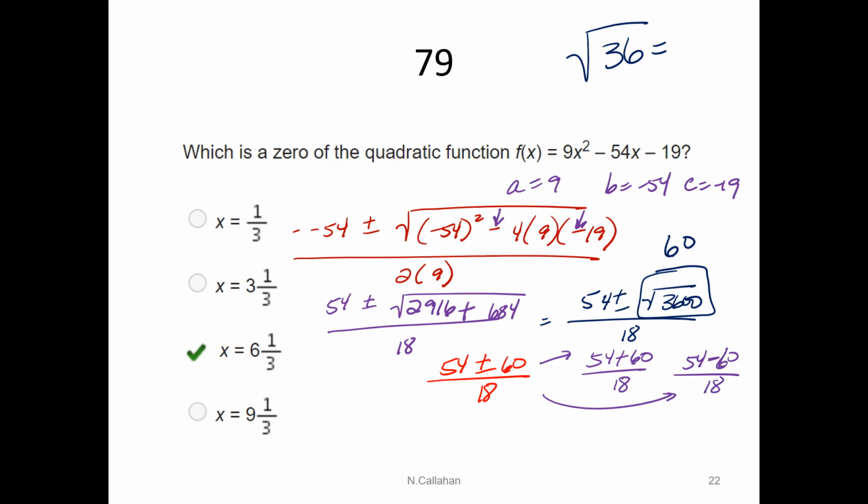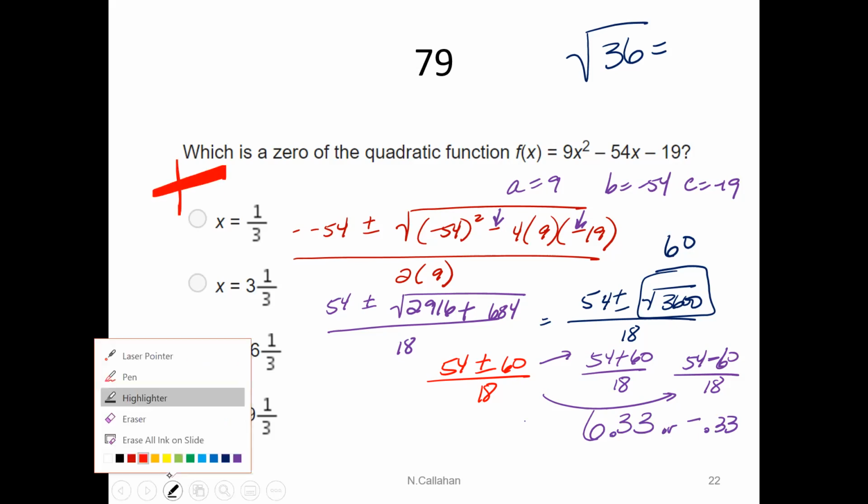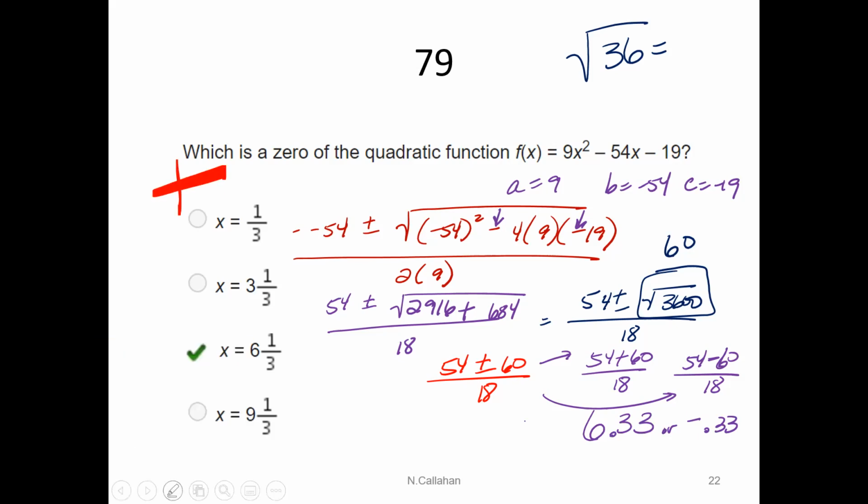So grab your calculator. 54 plus 60 divided by 18. Your first answer is going to give you 6.33. Your second answer is going to be negative 0.33. So you have two answers. Well, given the fact that none of the answers here are negative, because they're all positive, you know it cannot be the negative answer.